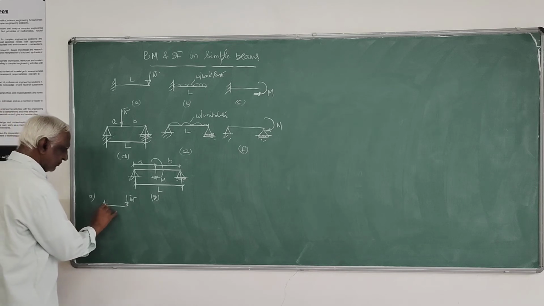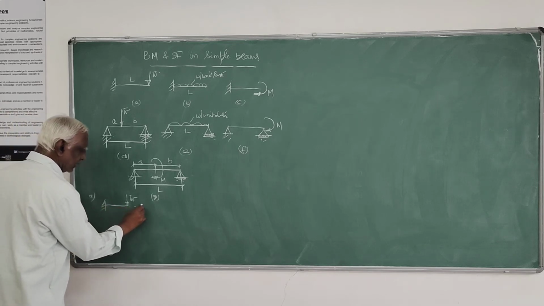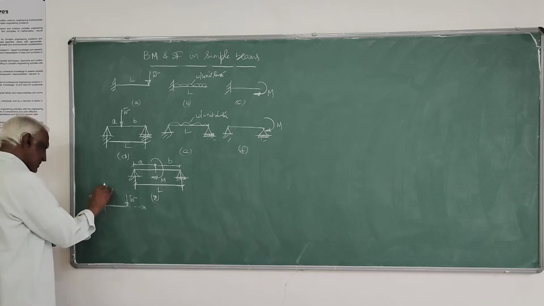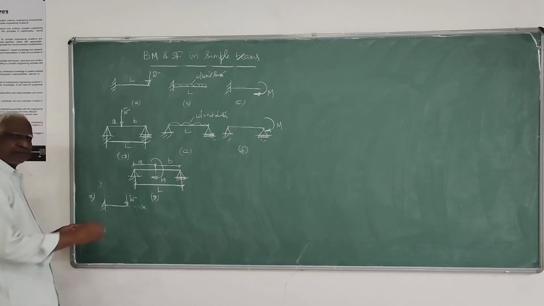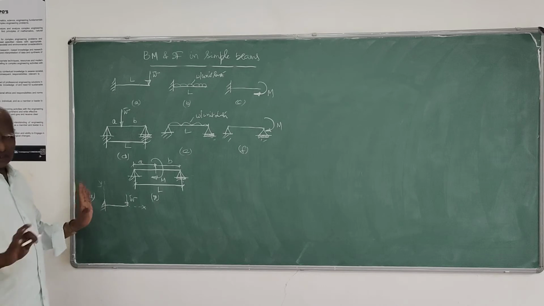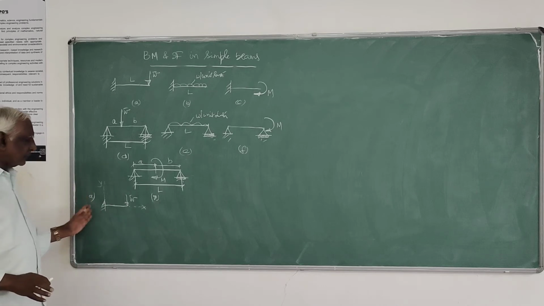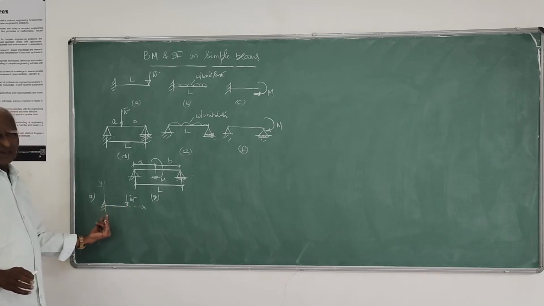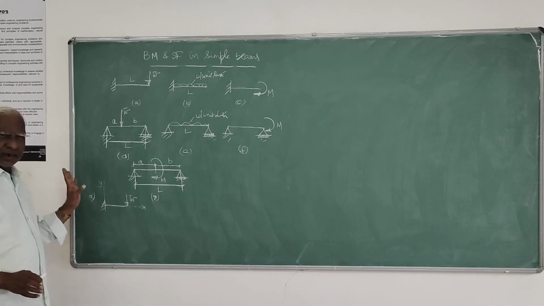If I take this fixed support as the origin, this is the x-axis, this is the y-axis. If you select a coordinate system, we always measure distance from the left, taking this as the origin.